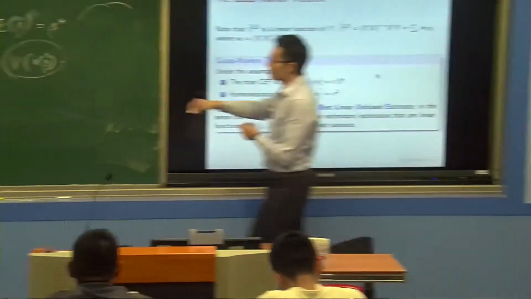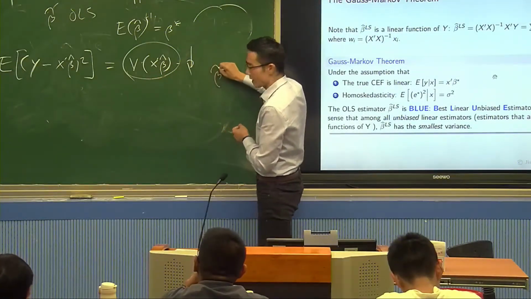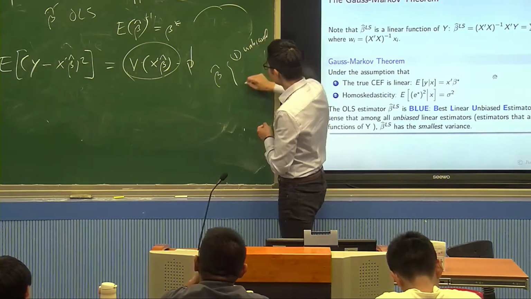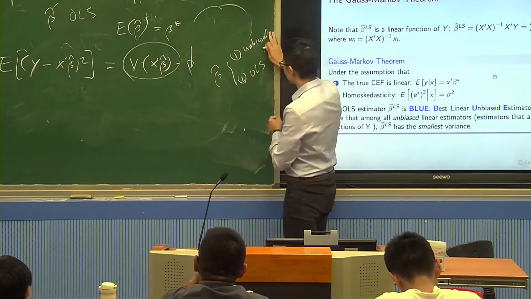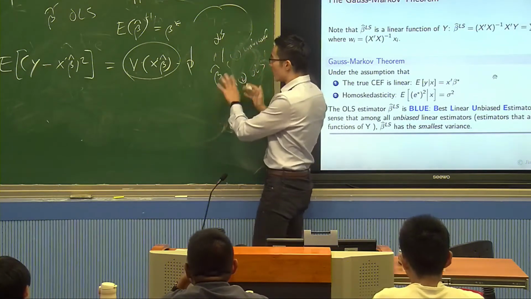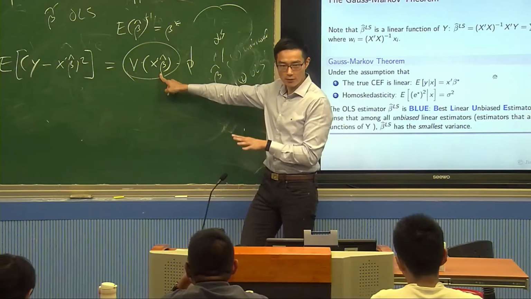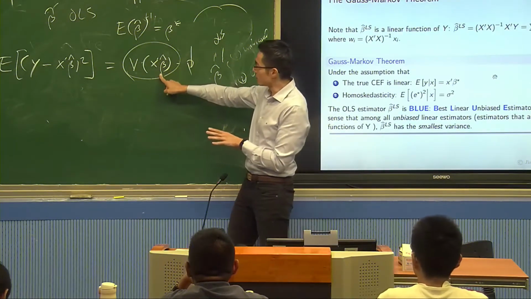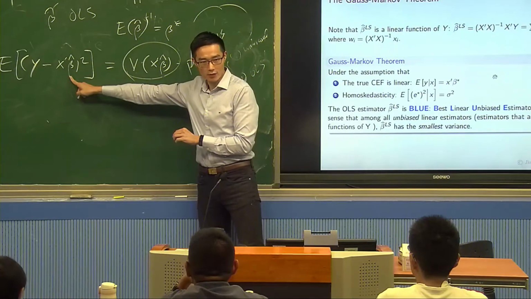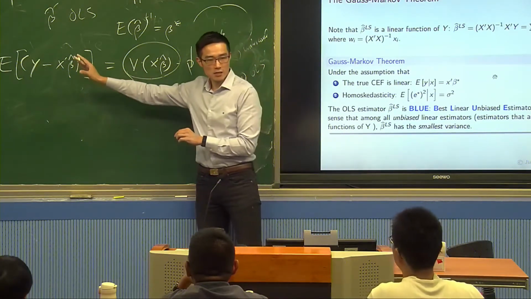In other words, if our beta hat is unbiased and OLS, then among all the unbiased estimates, OLS has the least amount of variance. Because it's unbiased, the variance is basically the expected error, our expected loss. So in other words, the OLS estimate gives us the smallest expected loss.